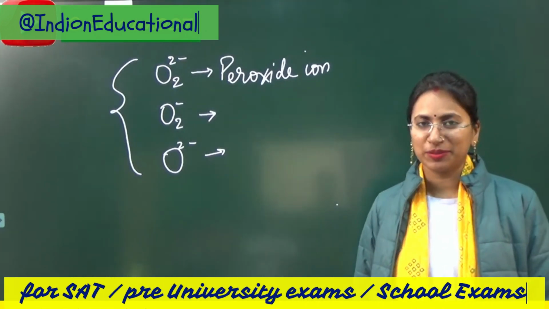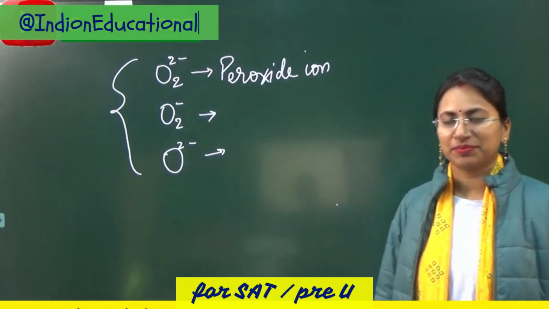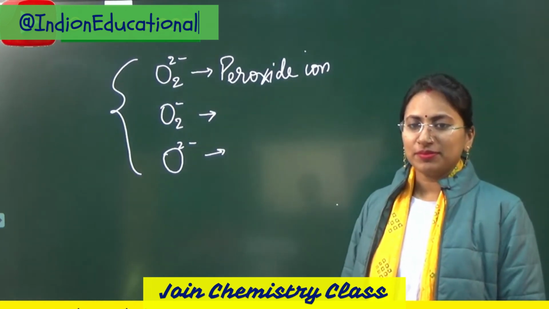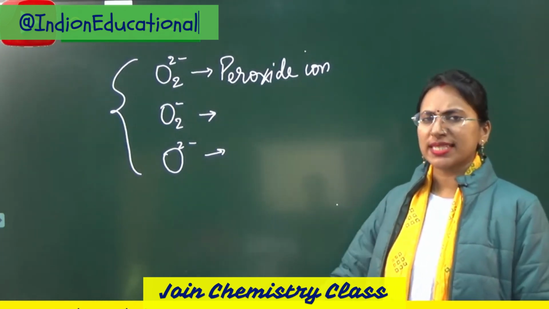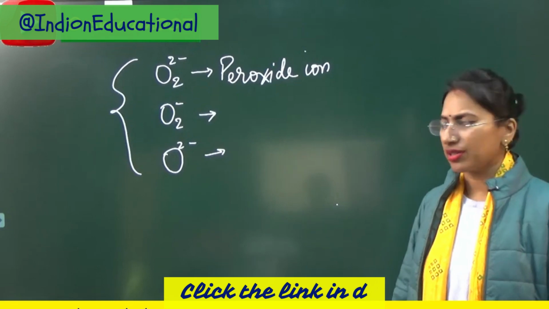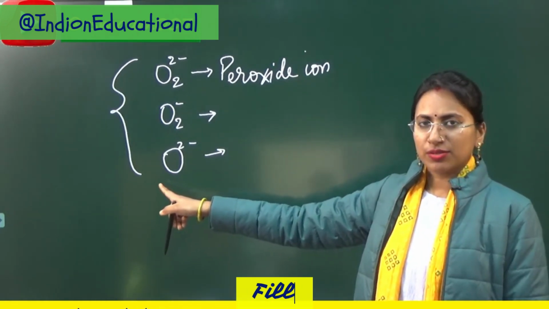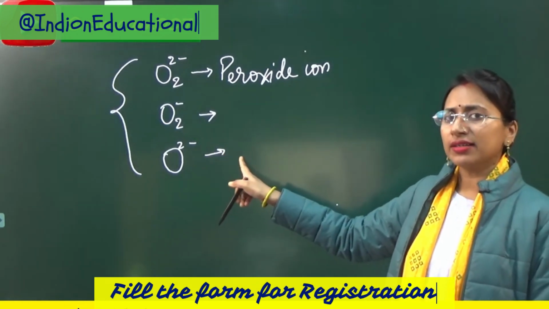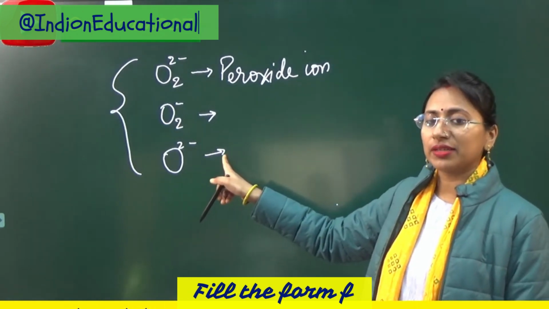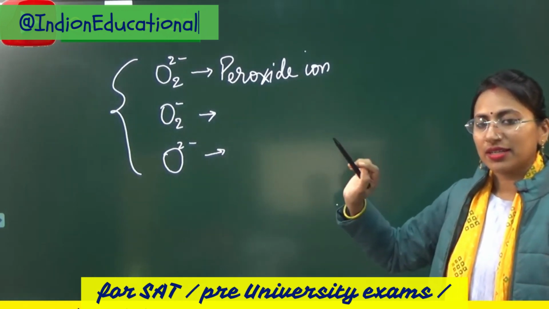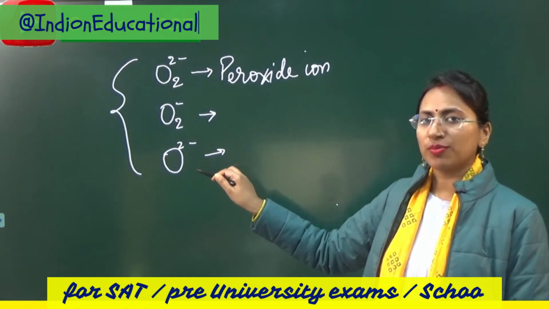Flip your pages. O2 minus: the oxygen element has simply gained 2 extra electrons. This is a single oxygen atom, so it will be termed as oxide ion. Check it, where have you written oxide ion? O2 minus.